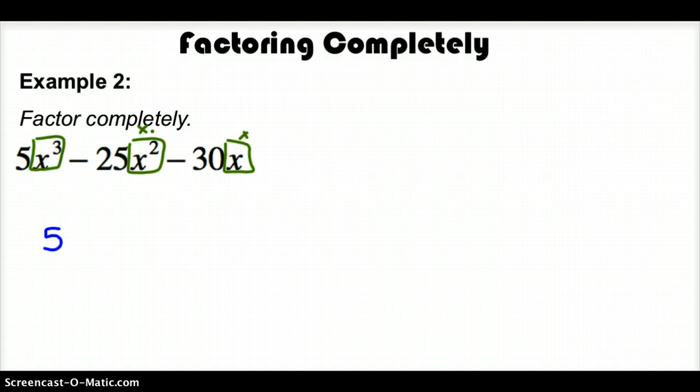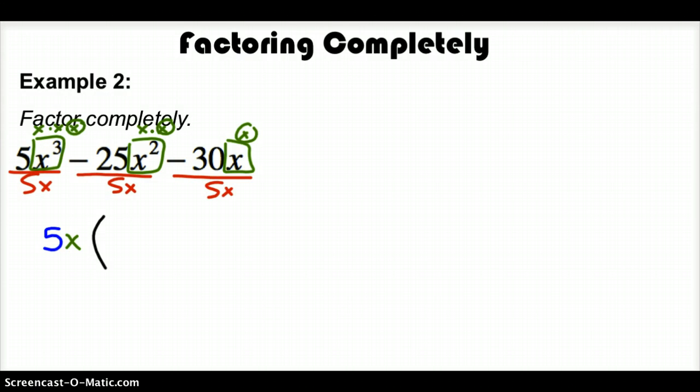I like to write them out sometimes just so I know exactly how many they have in common. Well, they only have 1 in common, so I'm going to take out this 1x as well. And now I'm going to write out what's going to be left over after I divide everything by my greatest common factor.